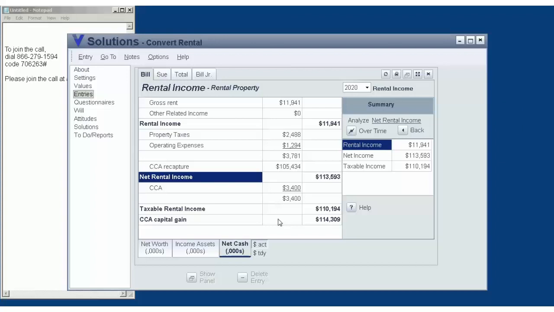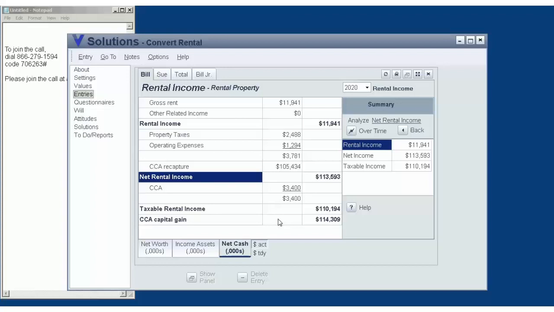That's the value to which the building may have increased in value over its original cost. And then in addition to that, we can have a capital gain on the land portion of the building. So when we converted it in 2020, because we've been claiming capital cost allowance all along, we have an immediate tax impact, which is actually quite substantial.